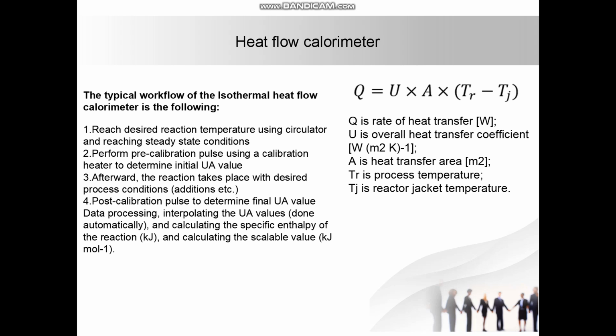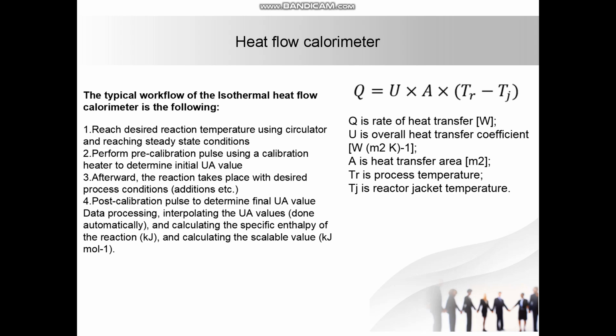A known value of heat will be input and the temperatures of process side and reactor side will be noted. From that, the UA for that particular equipment will be measured. This value of UA will be utilized while calculating the exotherm in the actual batch.